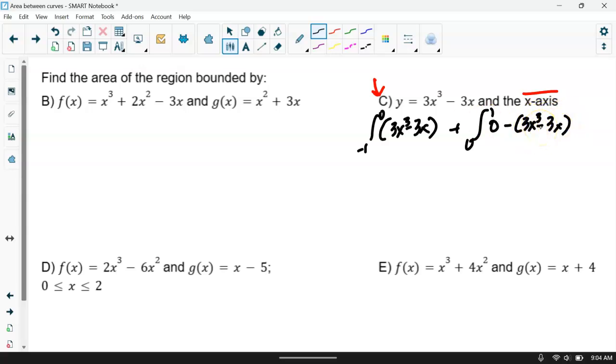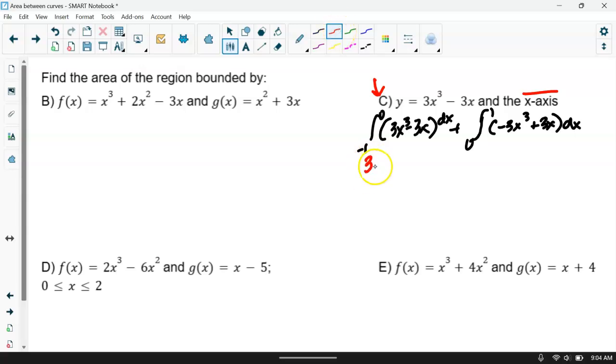So notice here, we're going to end up switching our sign. So we're finding the integral from 0 to 1 of -3x cubed plus 3x with respect to x. So again, now pause the video, get your integrals here. And here we go.